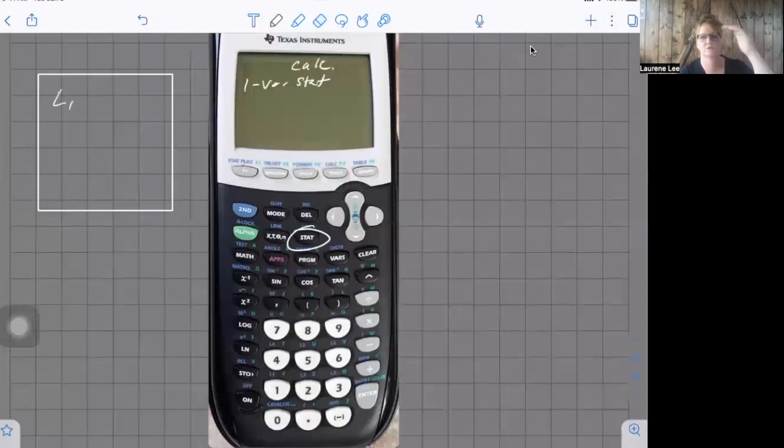And then you're going to scroll down, at the bottom, it'll have this huge list of numbers, mean, sum of the X's, all that stuff. As you scroll down, it'll say minimum, quartile 1, median, quartile 3, and max at the very end of that list. And that's your 5-number summary.